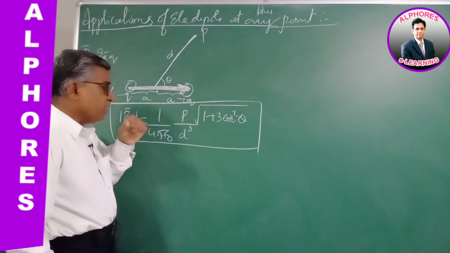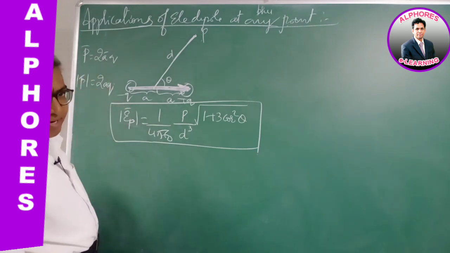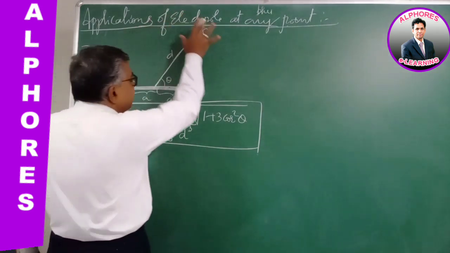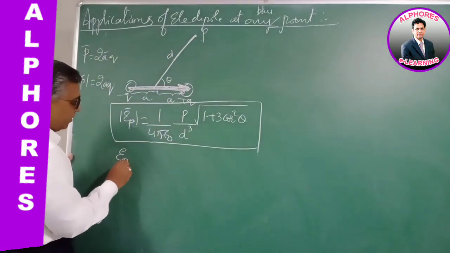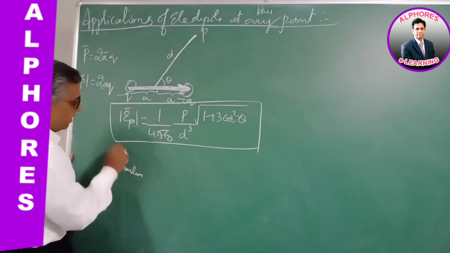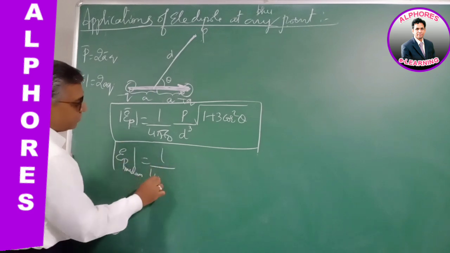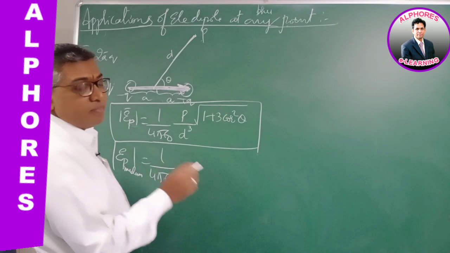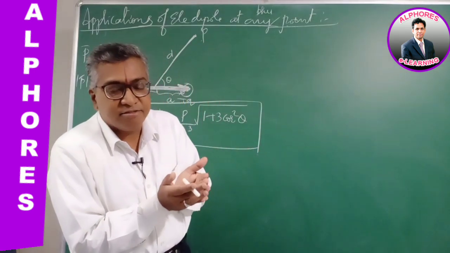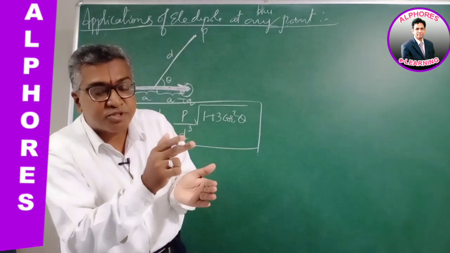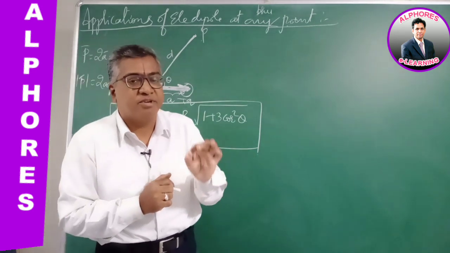Now, on what factors does this depend? If this dipole is in air, this is the electric field intensity. Had it been in a medium, then it's 1 by 4 pi epsilon. In air, vacuum, free space, the permittivity is epsilon naught, absolute electrical permittivity of free space.